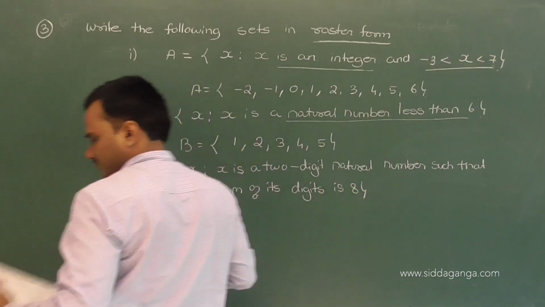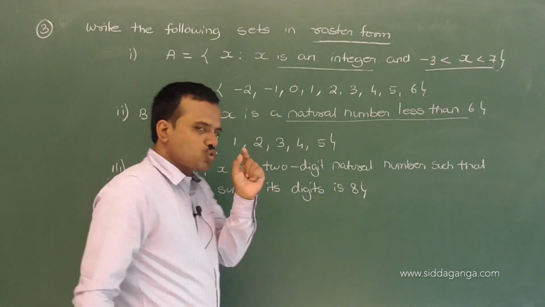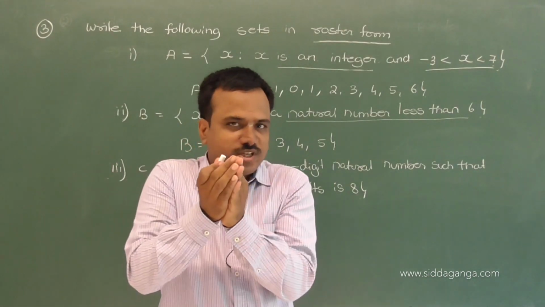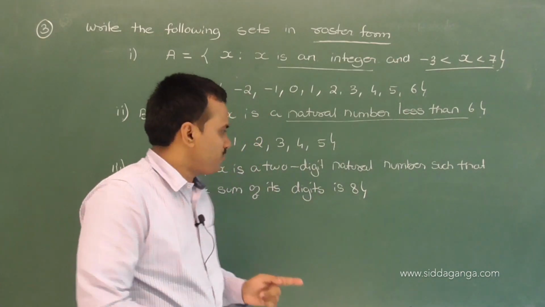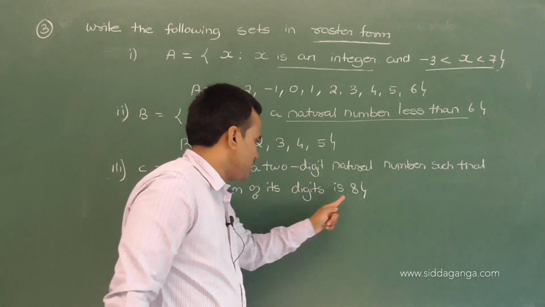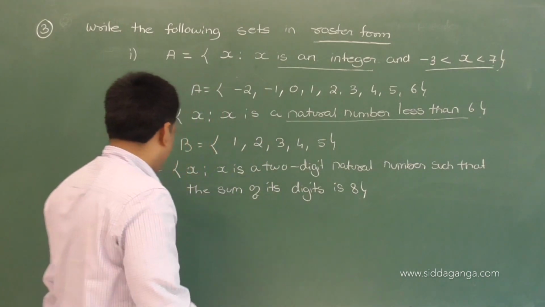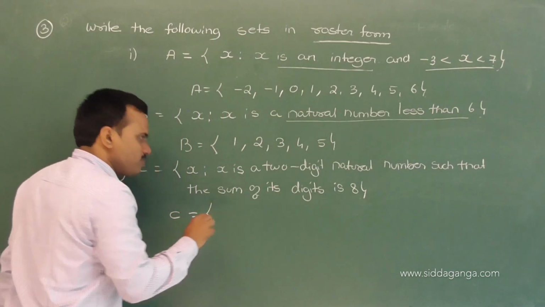If we write those two-digit numbers and add the two digits, it is equal to 8.